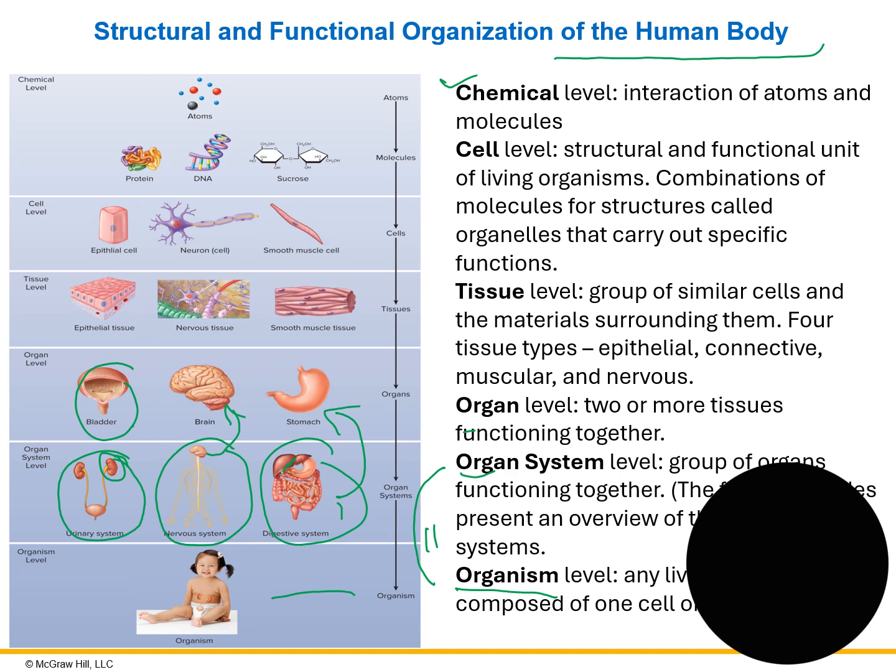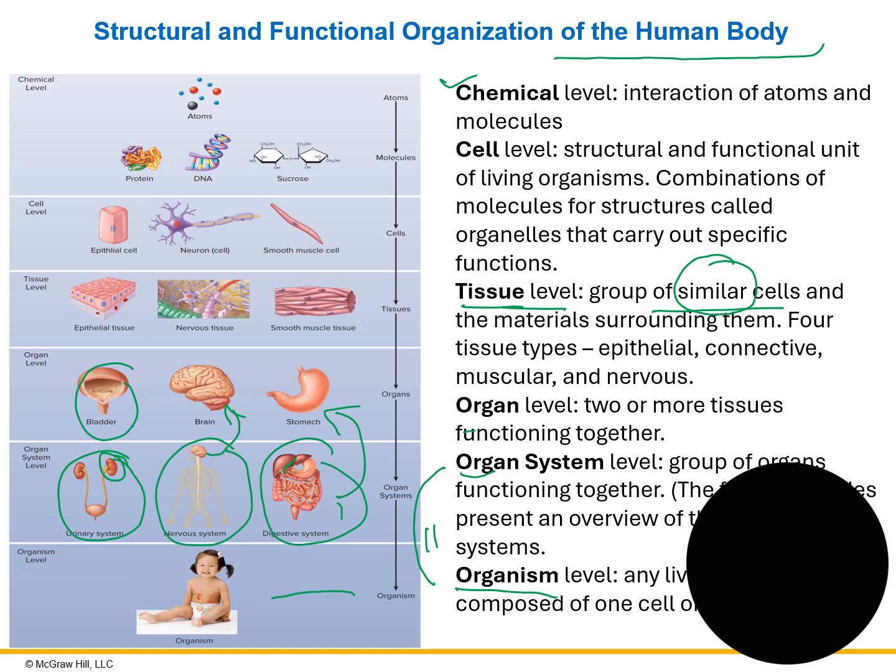Then if I break down, for example, the stomach, it breaks down into the tissue level. Tissues are groups of similar cells. That is the main point: not just a group of cells, a group of similar cells. I cannot put nerve cells in with these, because that's not a tissue.